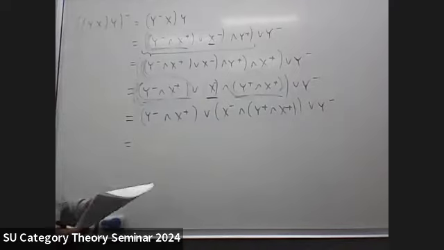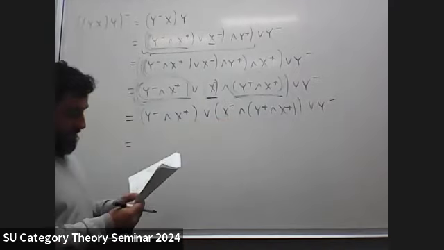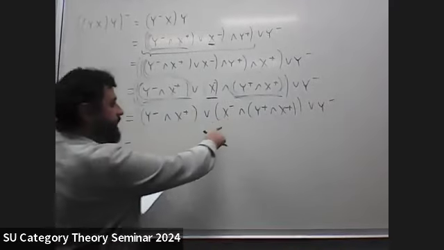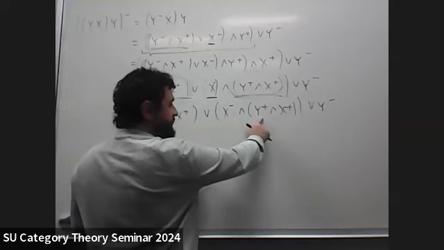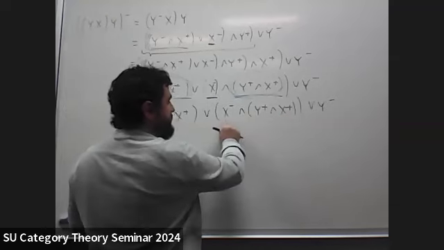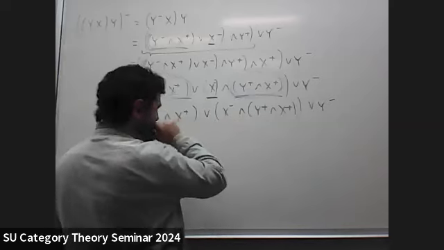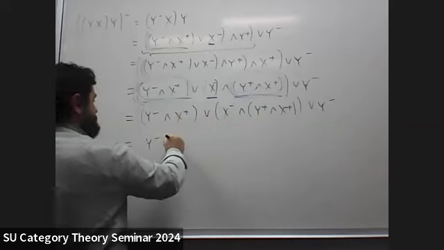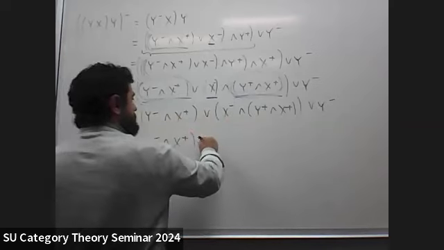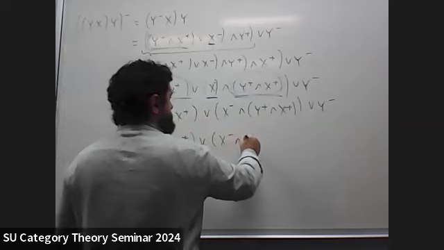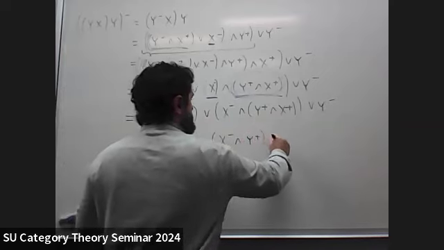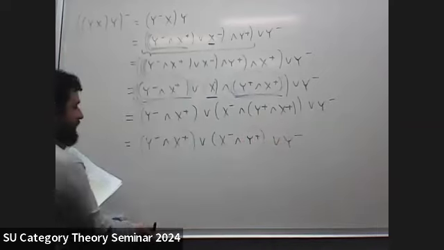Some simplifications are in place here. So let's see. We have y minus meet y plus meet x plus, right? So y minus meet x plus is, sorry, not y minus, x minus meet x plus is x minus. So we'll have y minus meet x plus, join x minus meet y plus, join y minus.